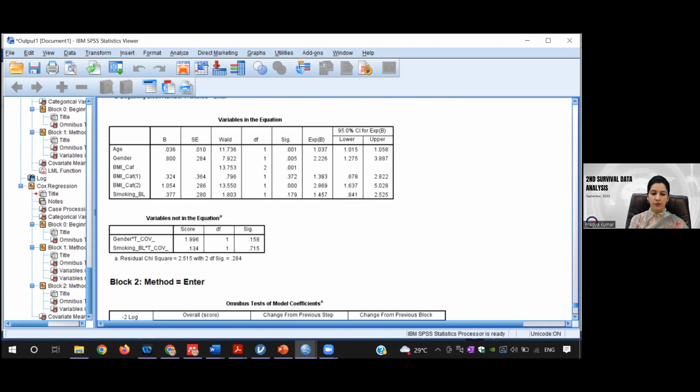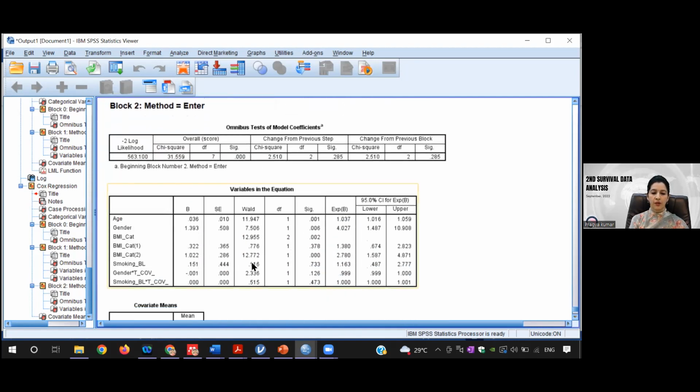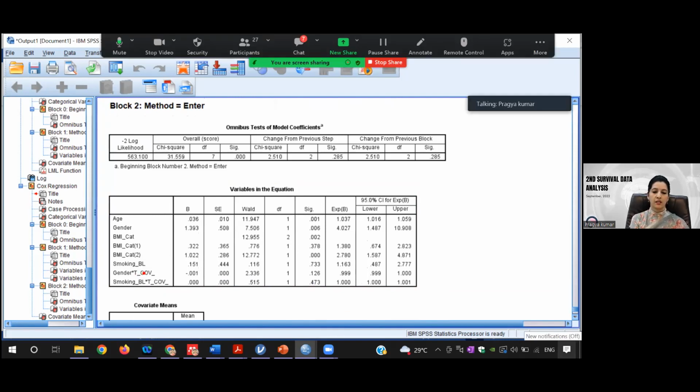If you go down, it gives you the values of all these variables along with these two time-dependent covariates. What you have to see is the significance level of the time-dependent covariates of gender and smoking, the p-value. If the p-value is more than 0.05, that means this doesn't change with time.